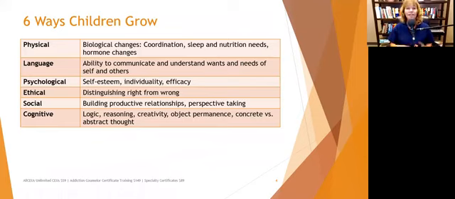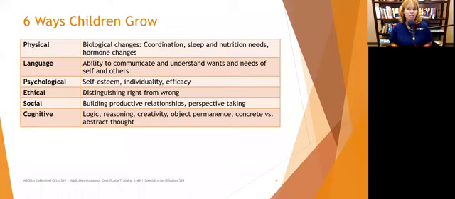Ethically, now this is a throwback to Kohlberg, and we're going to talk about him in a minute, but this is when children start learning to distinguish right from wrong. And as children grow, the reason something is right or wrong in their mind tends to change. Socially, children grow learning how to build productive relationships and take other perspectives.